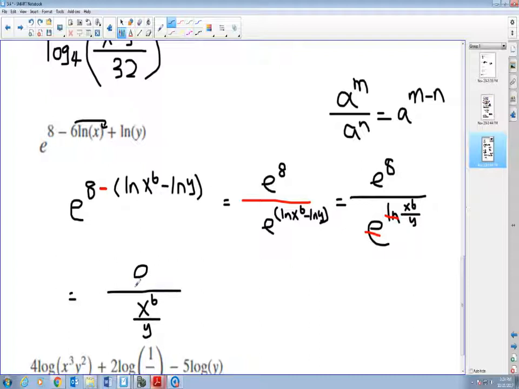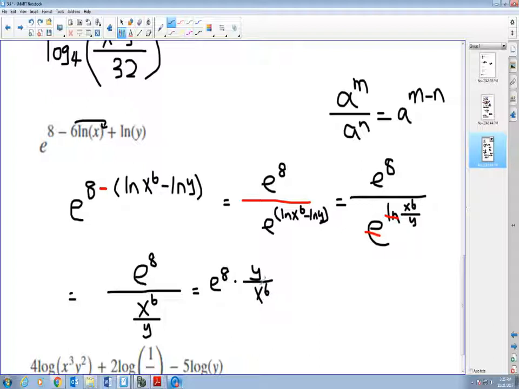The top still has e to the 8. So if I take e to the 8 divided by this fraction, that means we will times the reciprocal. So these x to the 6 over y will be flipped. So it's going to be e to the 8 times the reciprocal, which is y over x to the 6.